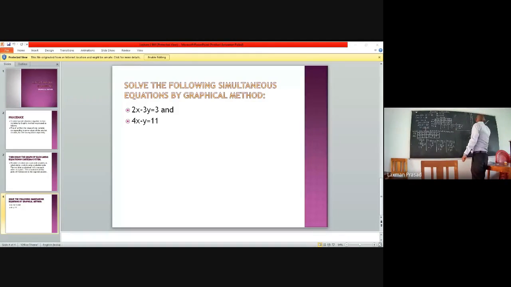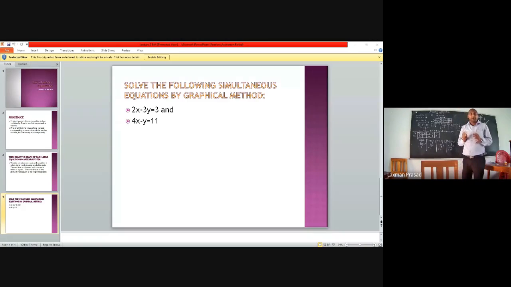This is equation 2. And both the equations intersect each other.